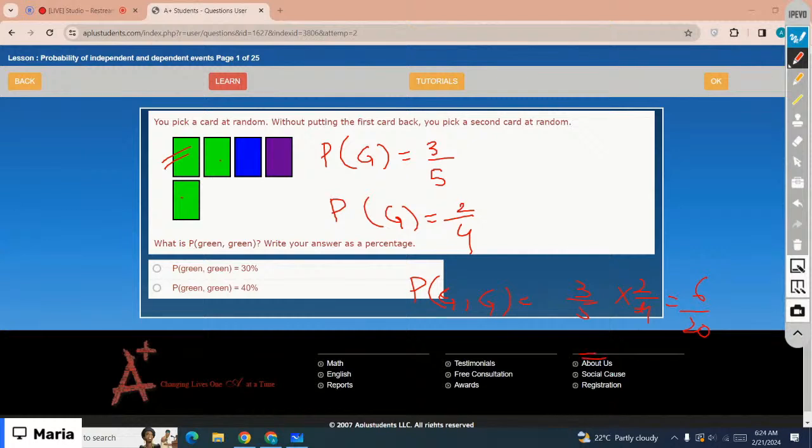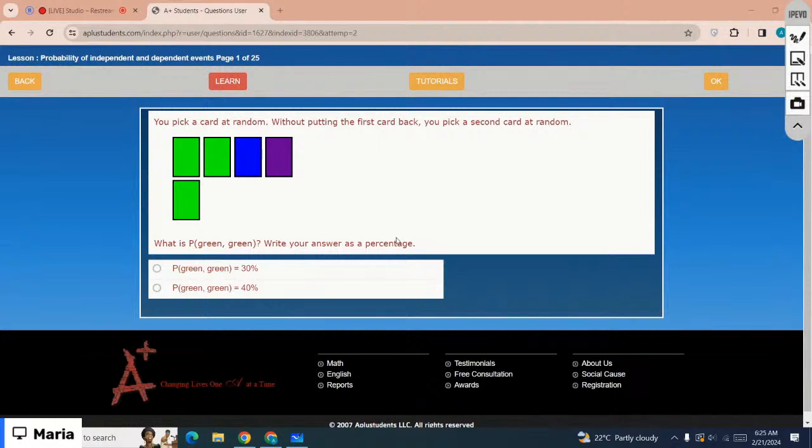So the probability of green and green is 30%. Got it? The correct option is 30%. The correct option is option number 1.